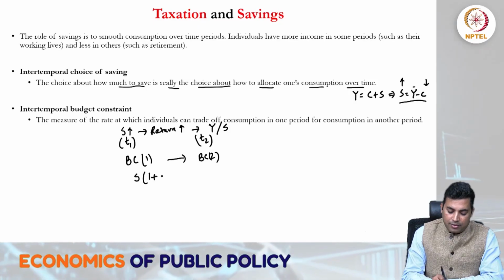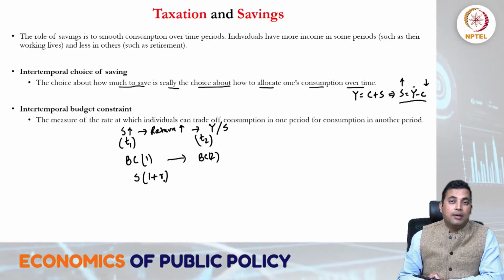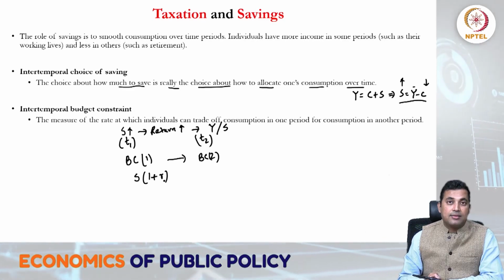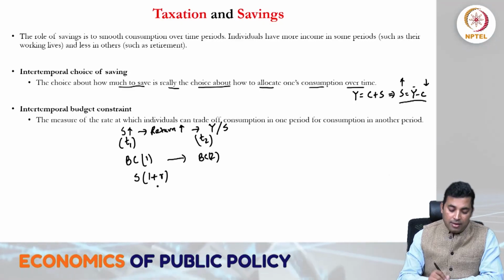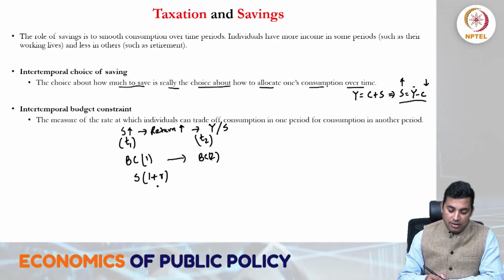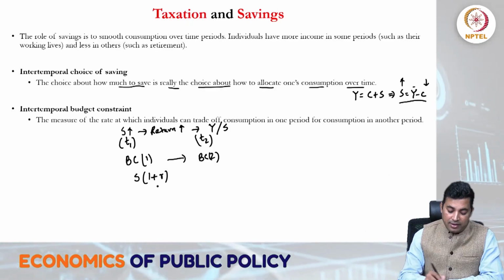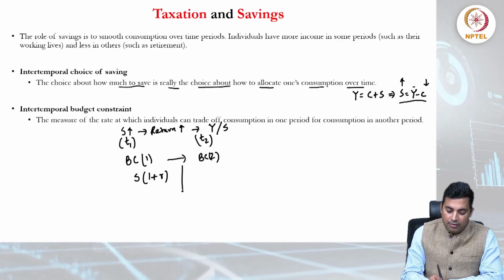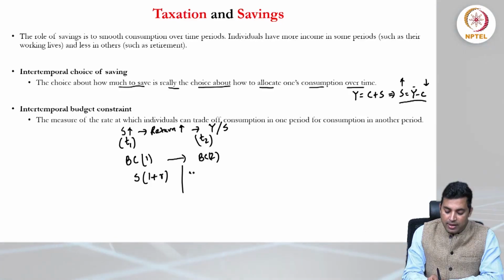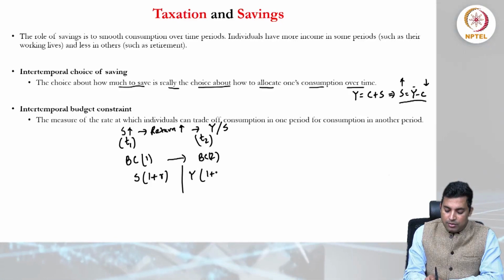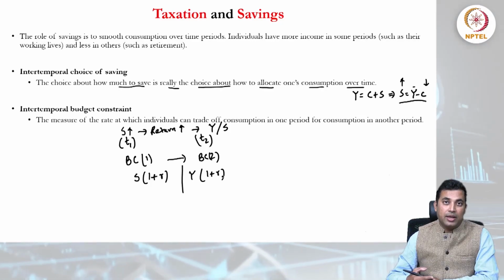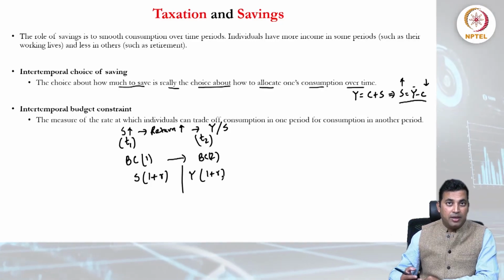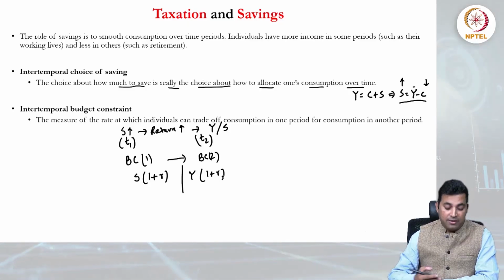Therefore the total savings is S multiplied by 1 plus R. R is the rate of return per unit of savings, and even it will be true in the case of income. So this is how it will get calculated between two periods, between two savings, right.